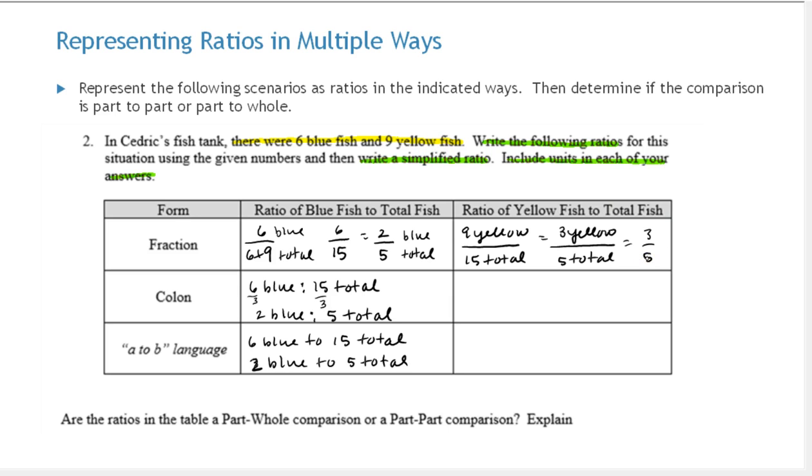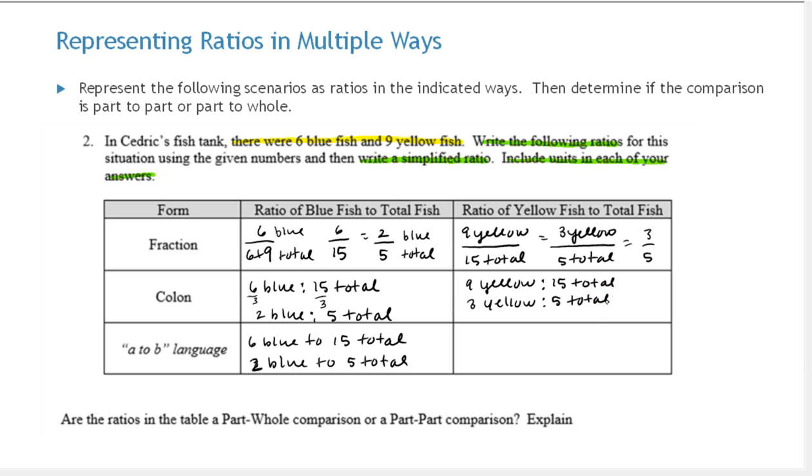Using colon language, we have 9 yellow colon 15 total. Dividing by 3 gives us 3 yellow for every 5 total number of fish.